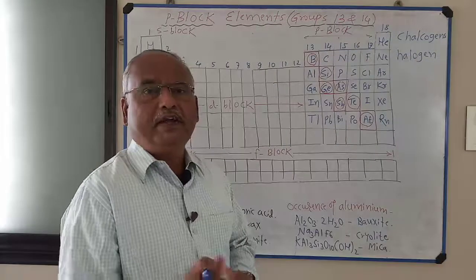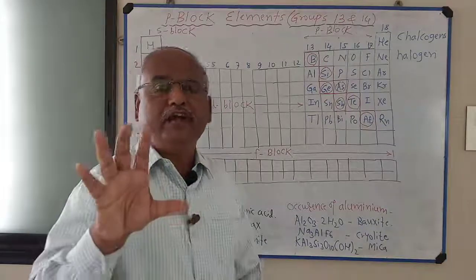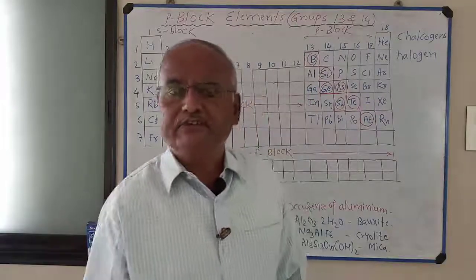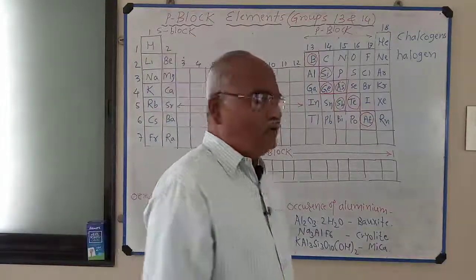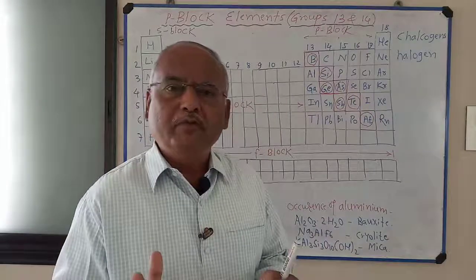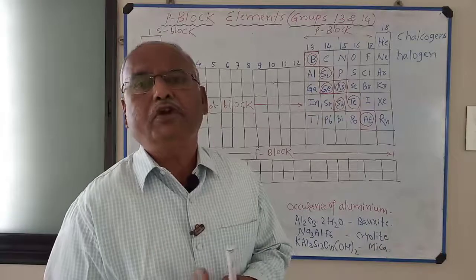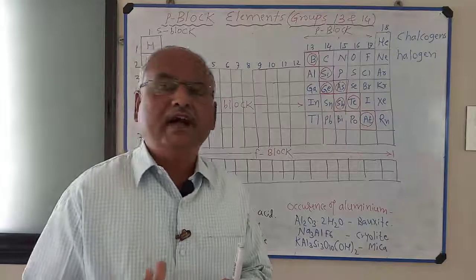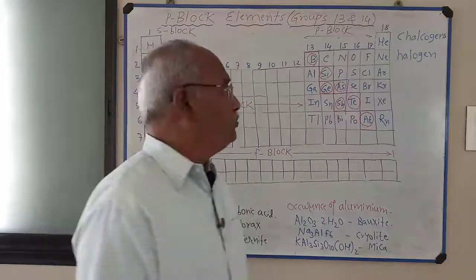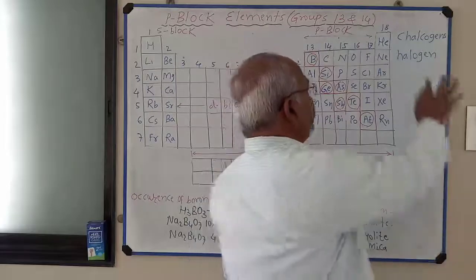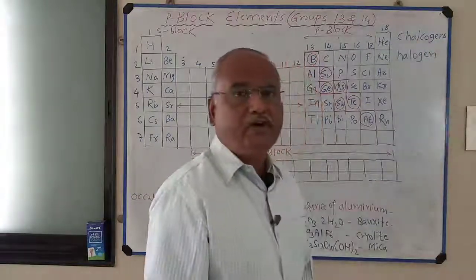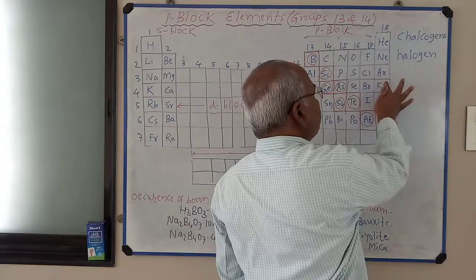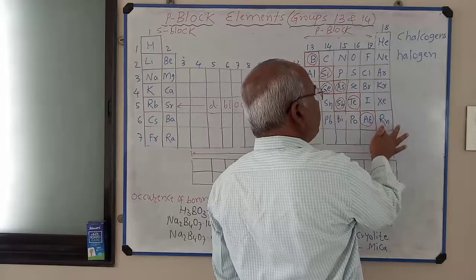In group number 18 there are inert gases or noble gases or rare gases. We are going to try to remember some elements in the periodic table, not complete, but some elements which are easy to remember. You know how to remember inert gases: helium, neon, argon, krypton, xenon, radon.